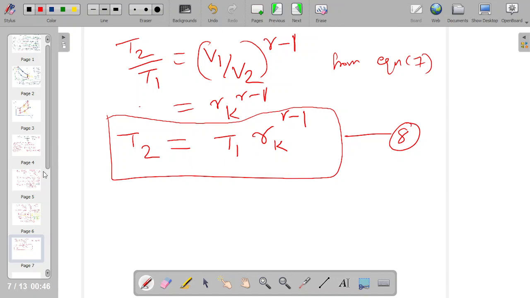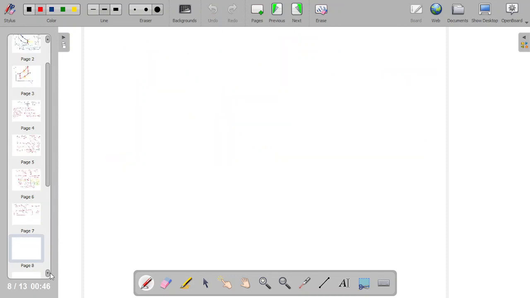For that we have to consider the next process, that is again 3 to 4, reversible adiabatic expansion. In a similar way we can have an expression like that. We have two equations here also.